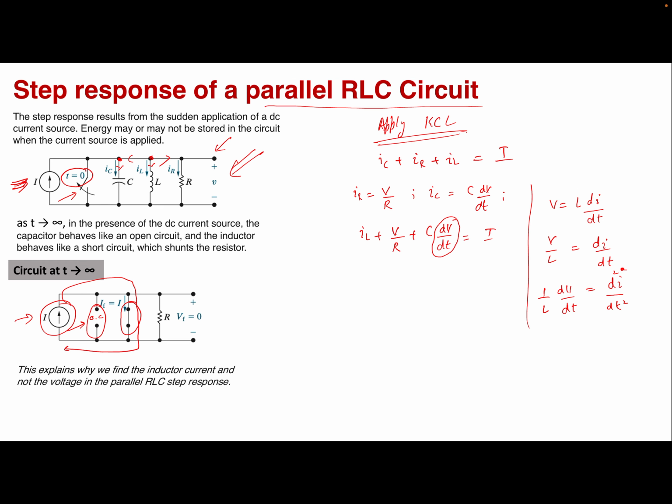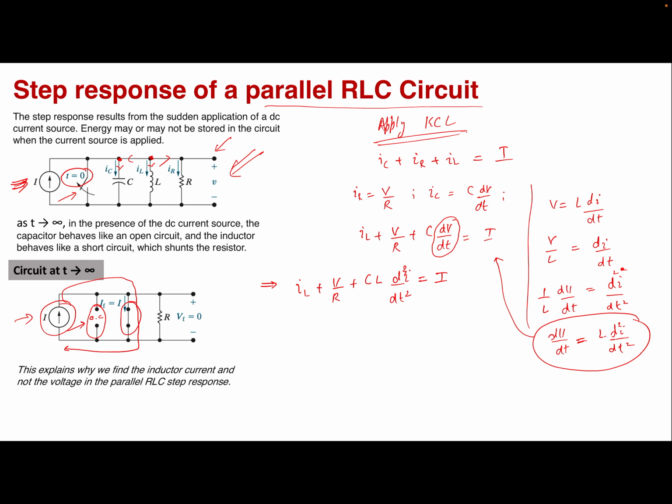Again, I'm only interested in replacing dV by dt, so dV by dt is L times d squared i over dt squared. So I'm going to replace this into this equation, and I'm going to be left with I_L plus V over R plus C times L d squared I over dt squared equals I.